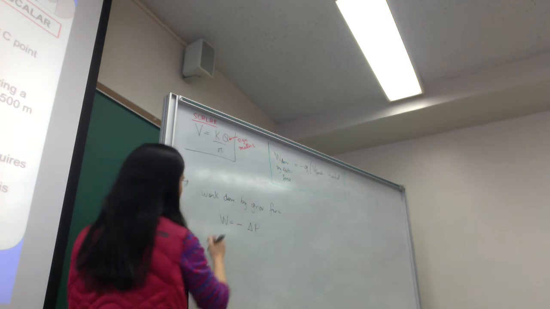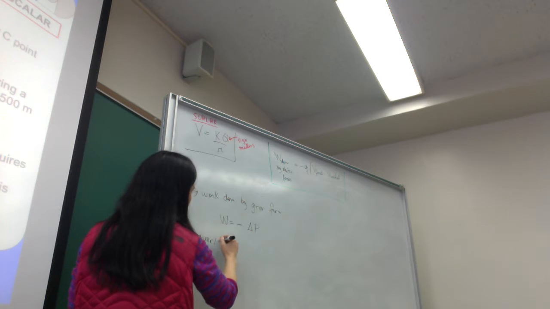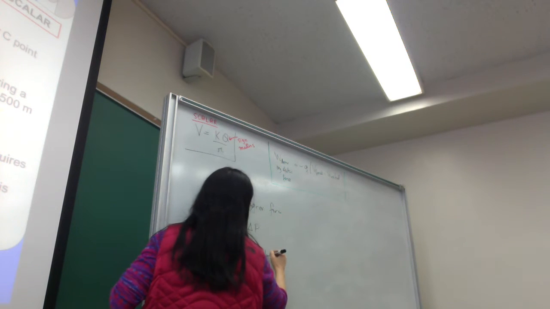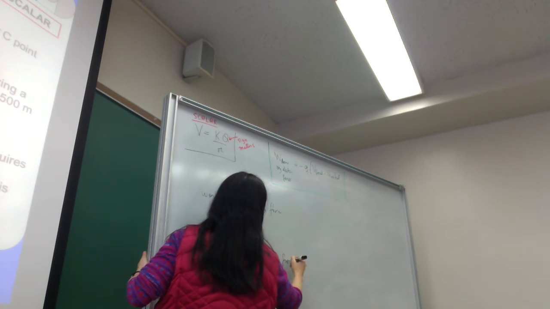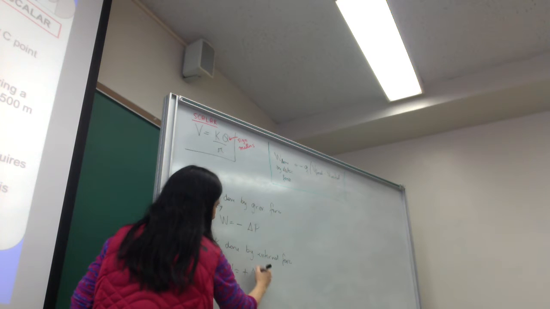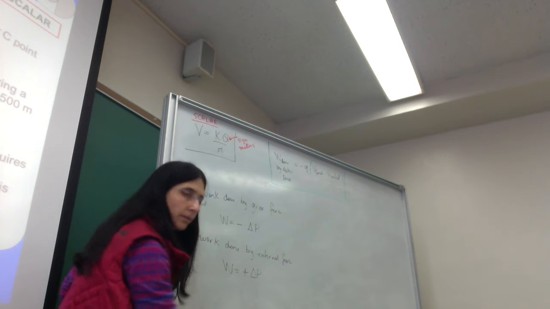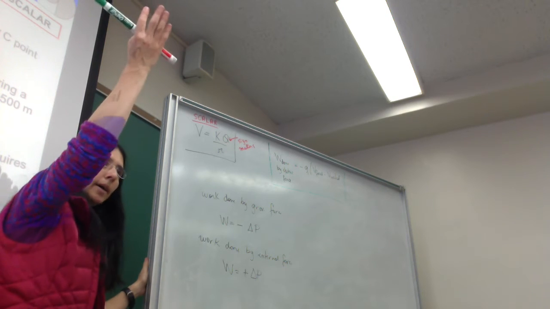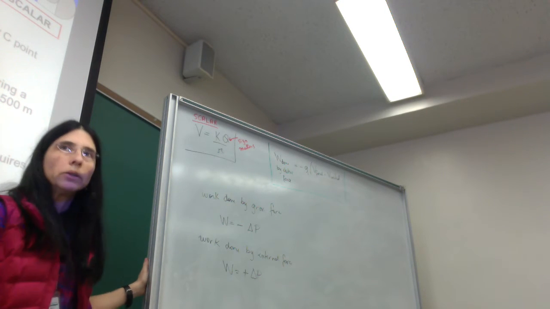That's what we just used. But when we say that the work is done by an external force, what changes in this equation? Well, this is going to be plus delta U. Remember that, because if I carry my object from low to high up, I'm gaining potential energy.